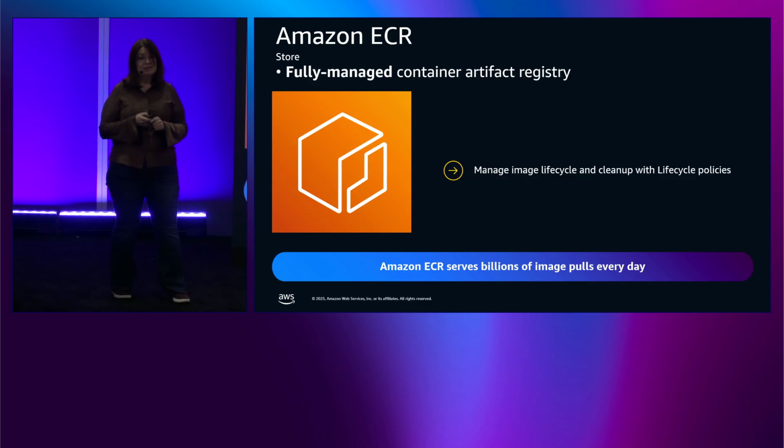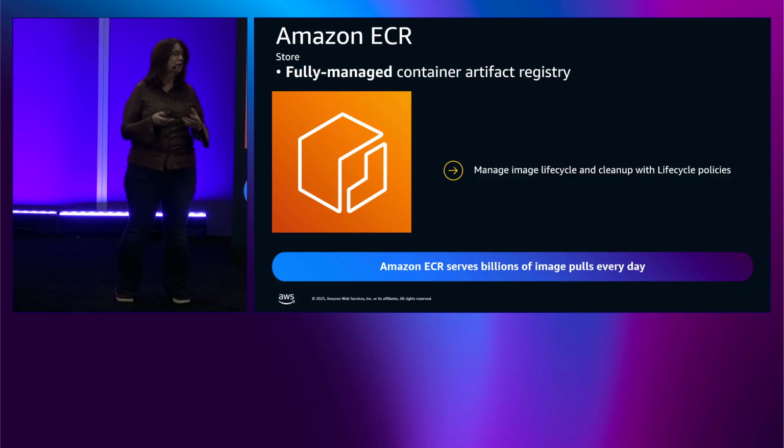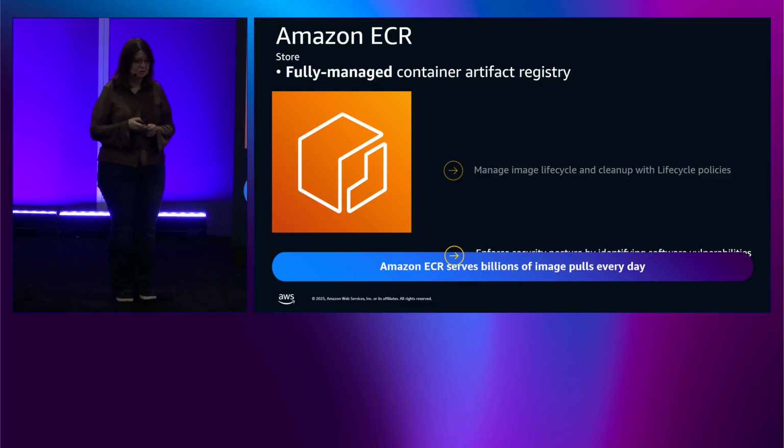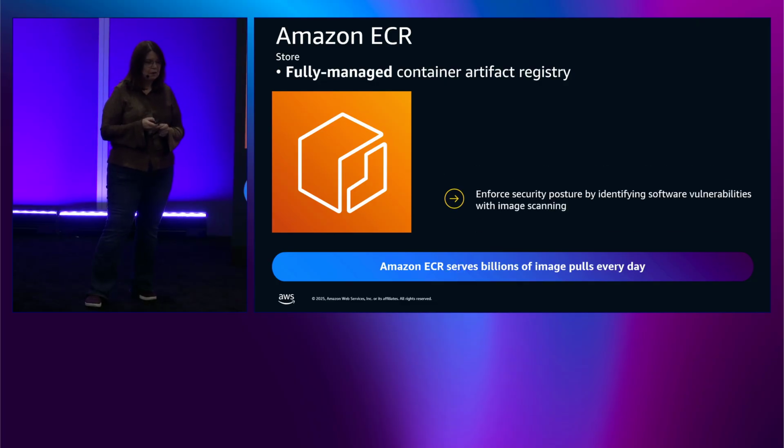Now remember that needle in the haystack problem I was talking about? With Amazon ECR, you can use lifecycle policies, and they will automatically clean up the old container images on your behalf. Amazon ECR also comes with vulnerability scanning options, which I'll go into in a little while.